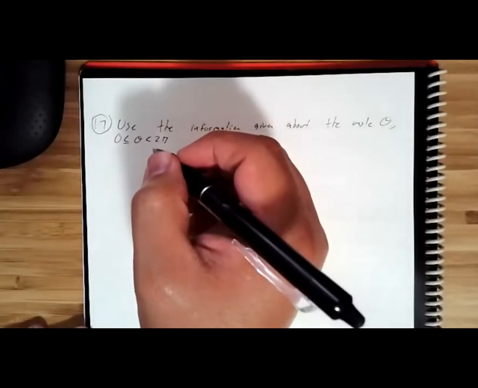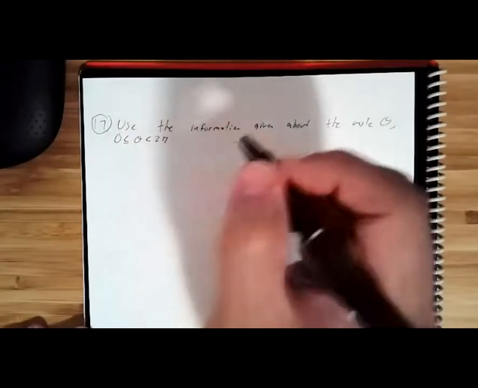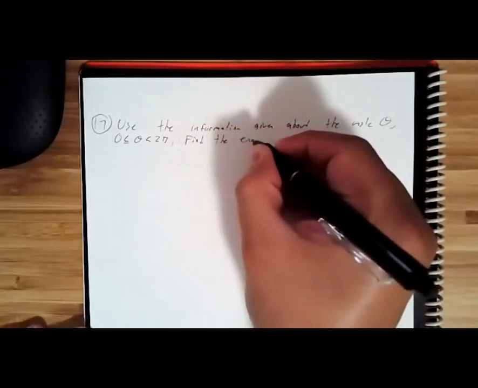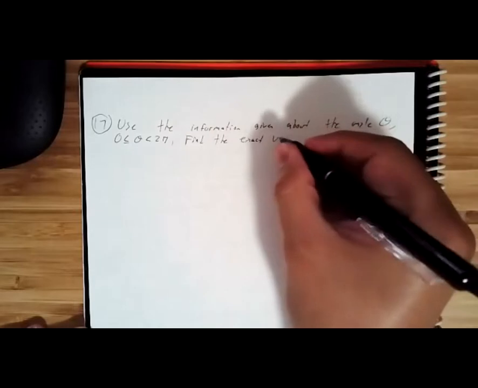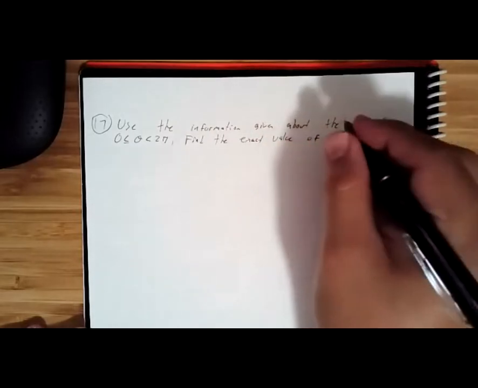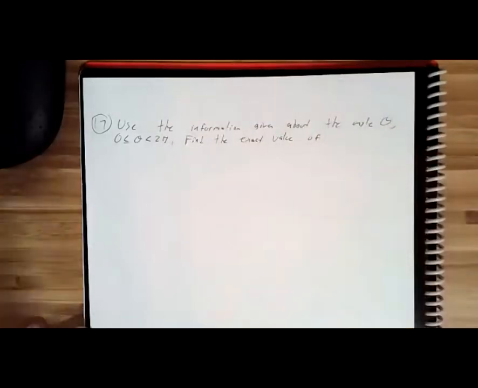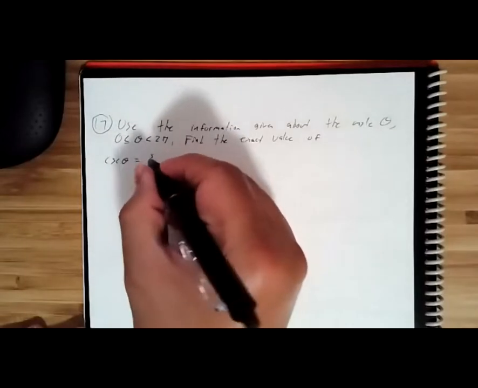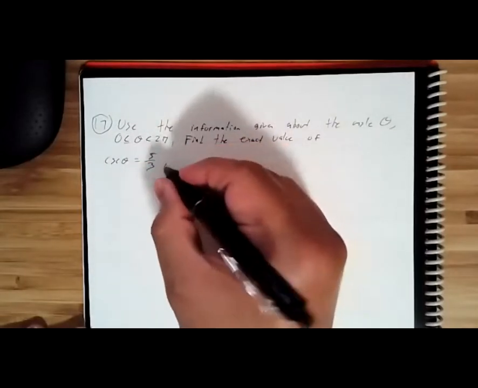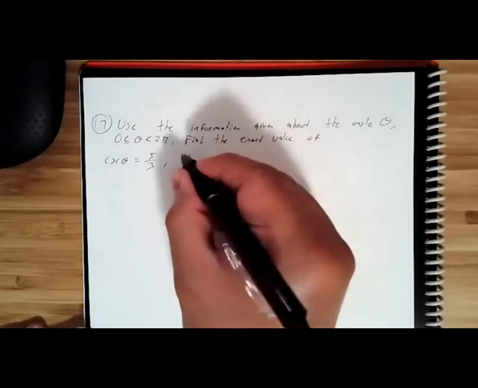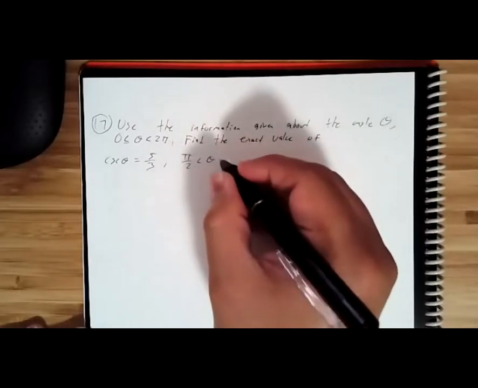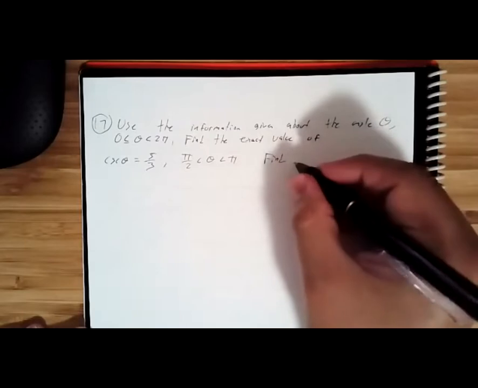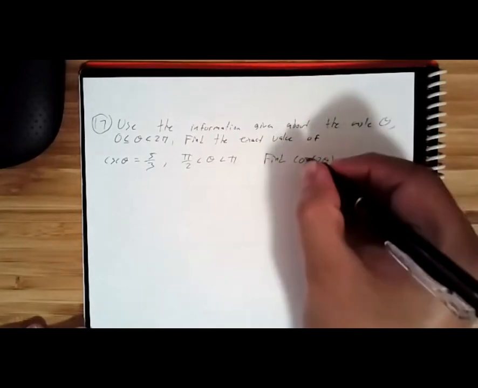Well, that's just a general thing; we're solving in that section. Find the exact value of the following. To give us some info, cosecant theta is equal to 5/3. Then they tell us that theta is between pi over 2 and pi. They want us to find cosine of 2 theta.